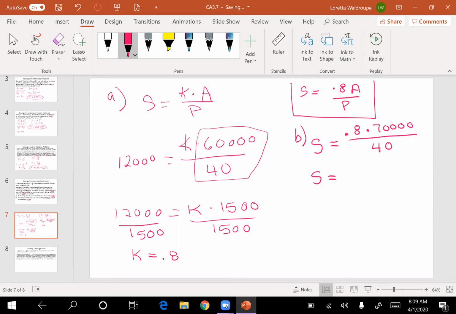So 0.8 times 70,000 divided by 40. So they would sell 1,400 pairs of skates. That would be their sales.